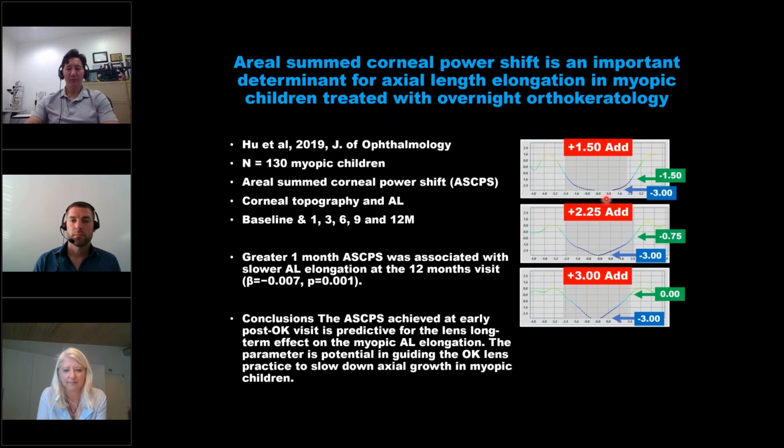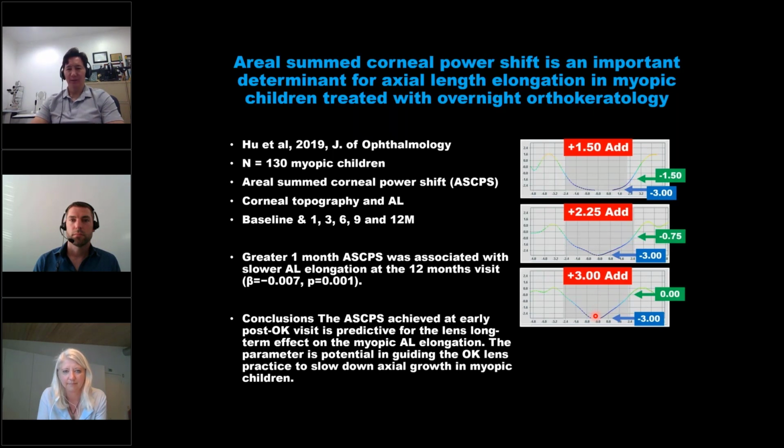If the power shift in the earliest evaluations showed very little shift between the centermost minus and the pupil border, then that might be predictive that the myopia controlling effect may not be as strong. So the more power shift that you can create, the better.